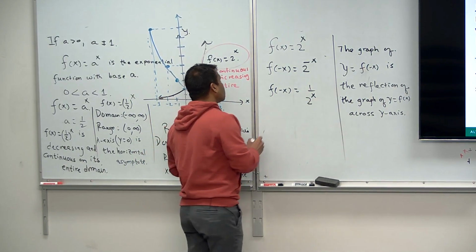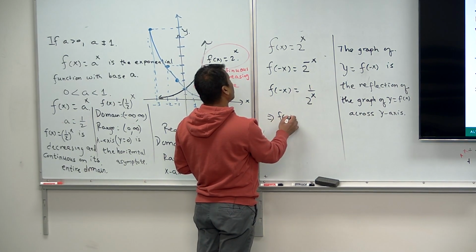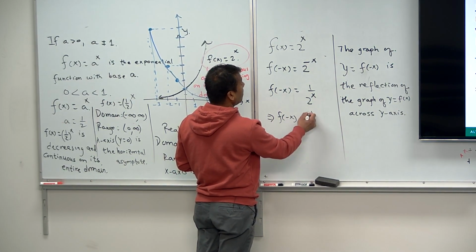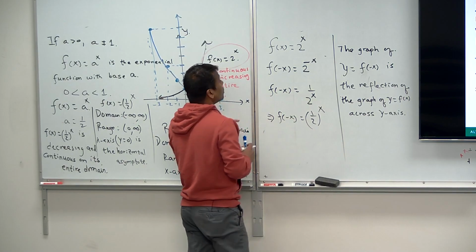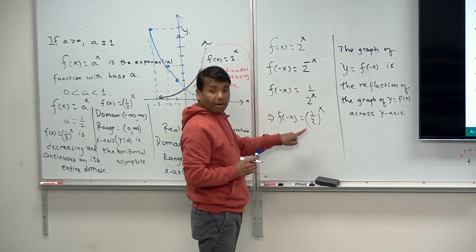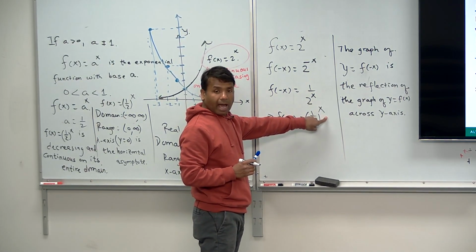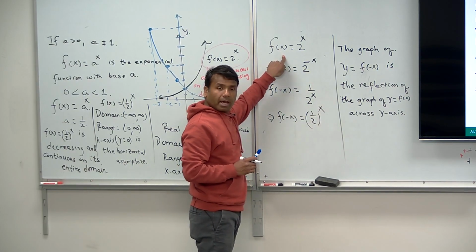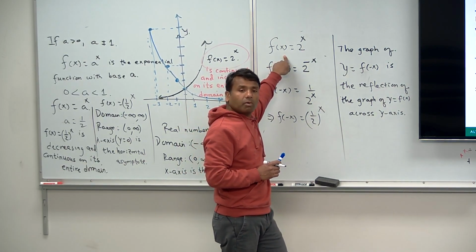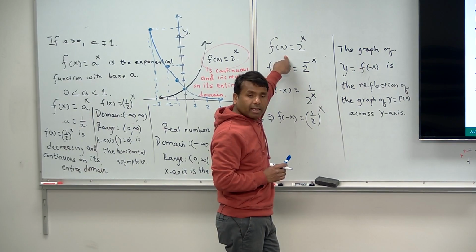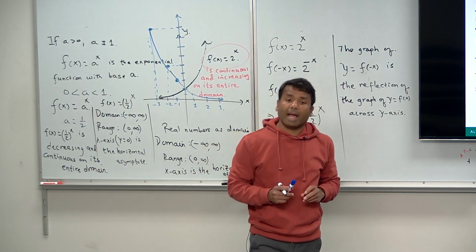And this is same as f of negative x equal to 1/2 to the power x. You see that? So the graph of 1/2 to the power x is the reflection of f(x) equal to 2 to the power x across the y-axis.